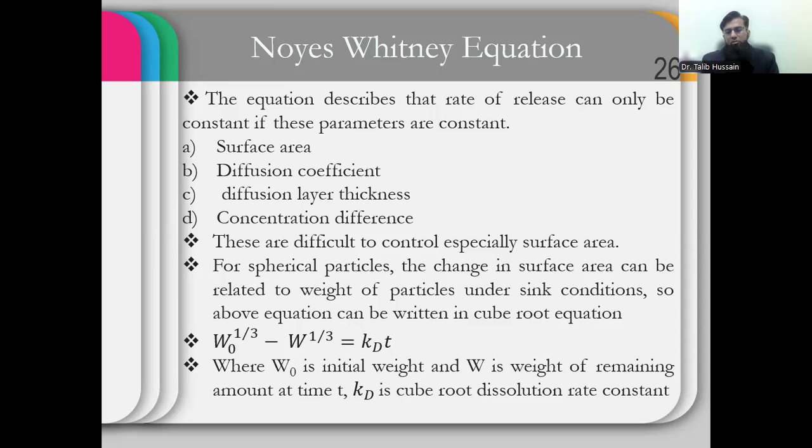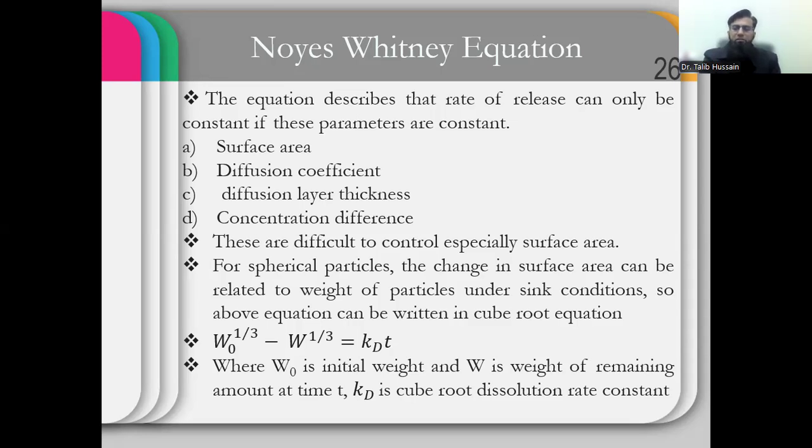W naught is the initial weight, and W is the weight remaining at time t. Cube root of W naught minus cube root of W, the weight remaining at time t, is equal to Kd, the diffusional coefficient or diffusion constant, times time t.